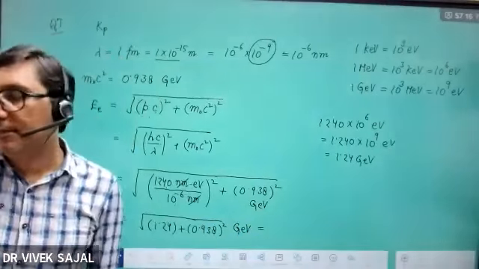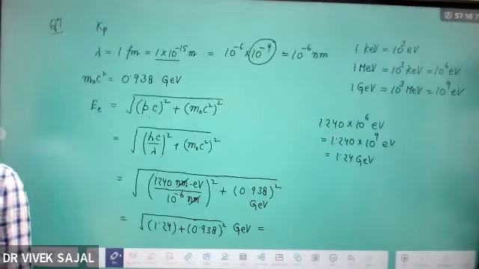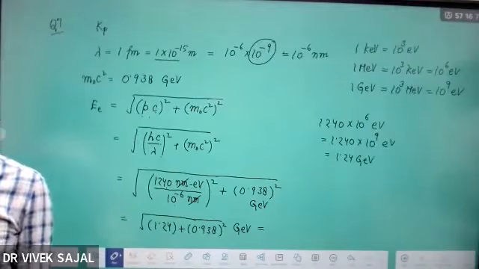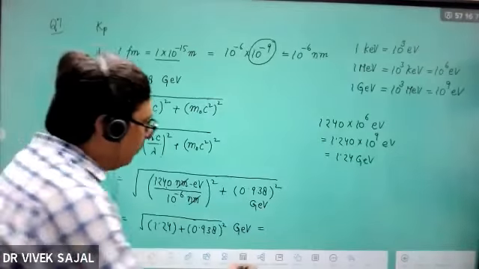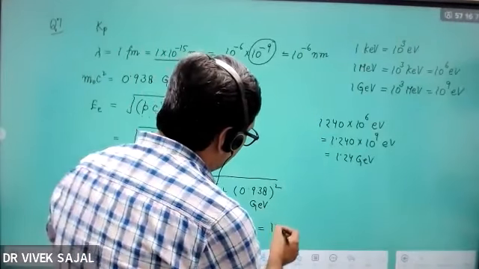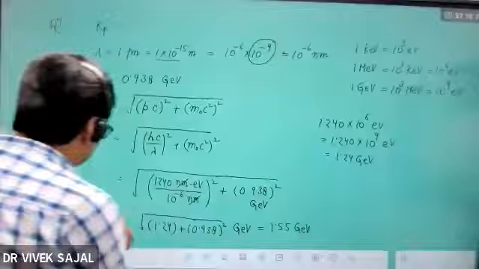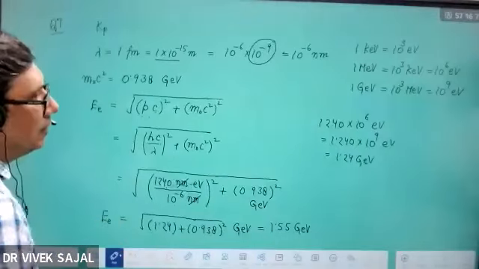How much will it be? What value are you going to get? 1.55 GeV. Very good. 1.55 GeV. What is this? This is the total energy.